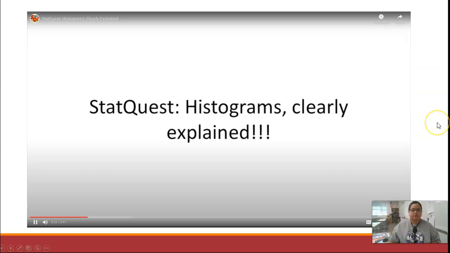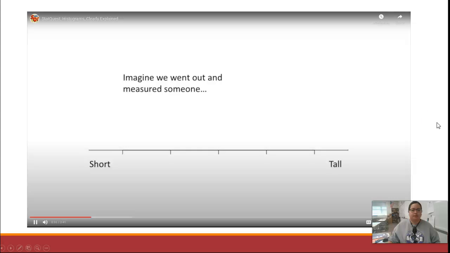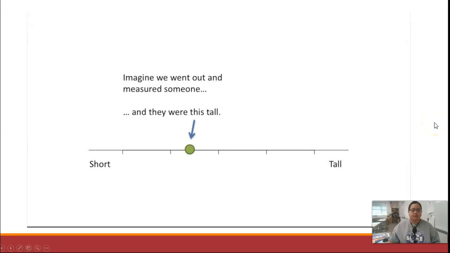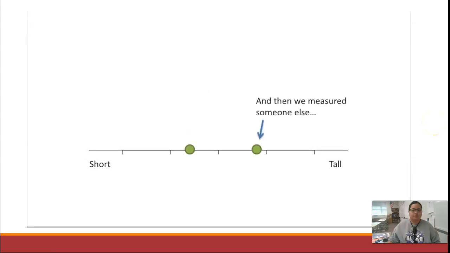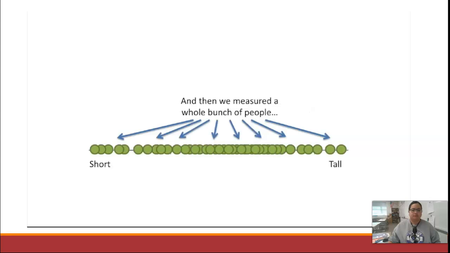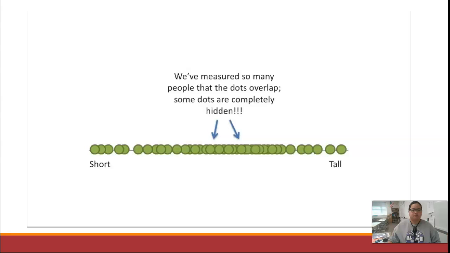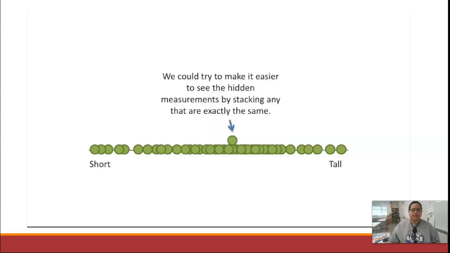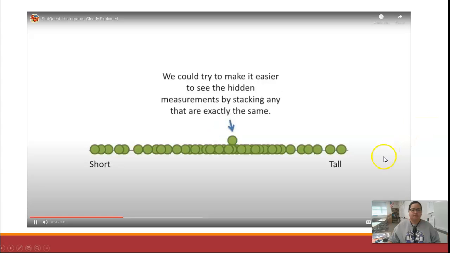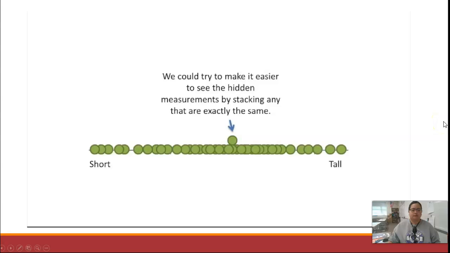Imagine we went out and measured someone, and they were this tall. And then we measured someone else. And then we measured a whole bunch of people. We've measured so many people that the dots overlap. Some dots are completely hidden. We could try to make it easier to see the hidden measurements by stacking any that are exactly the same.